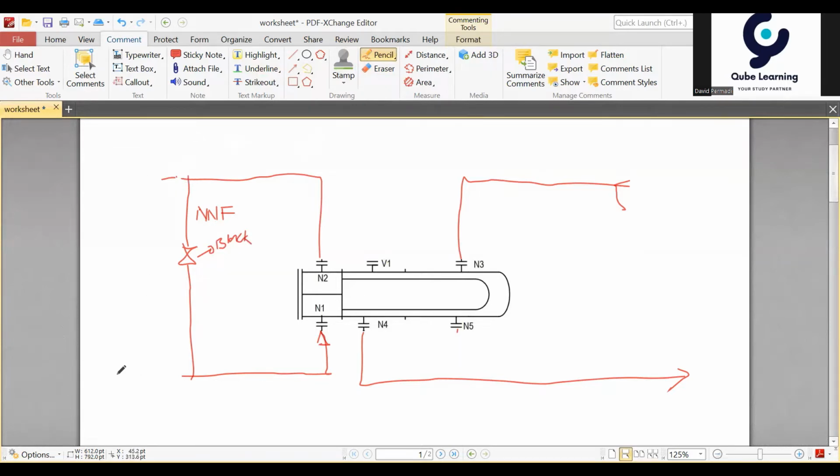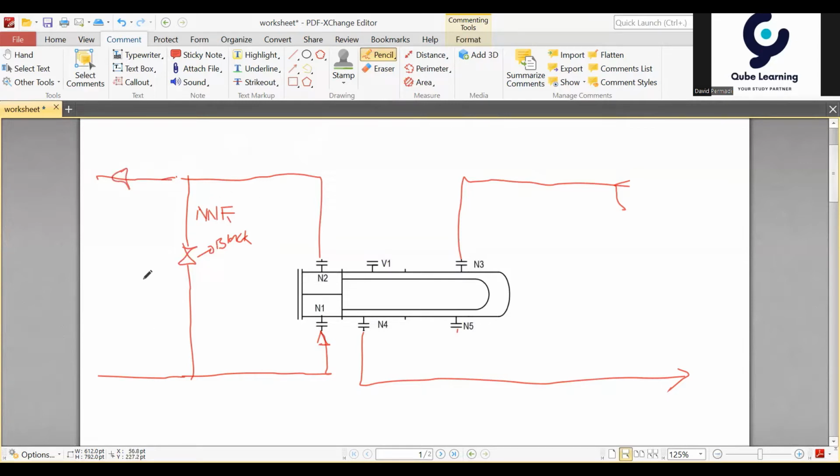Since the flow of the cooling water will go through and come into N1, we need to ensure that there is enough drain here.